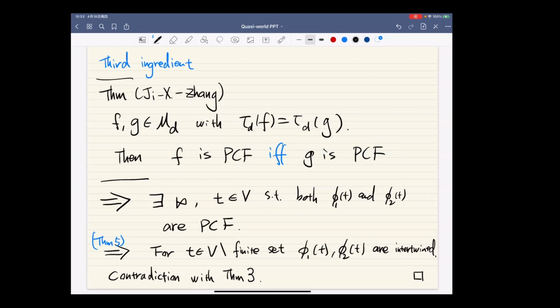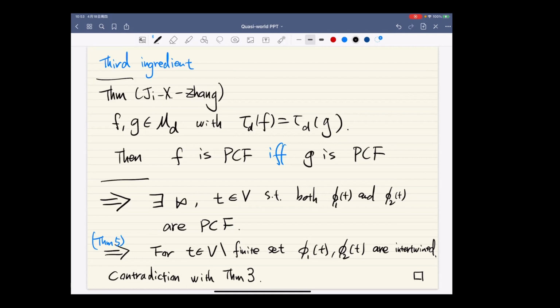Then you can show that F is PCF if and only if the space spanned by these infinitely many vectors is finite dimensional.